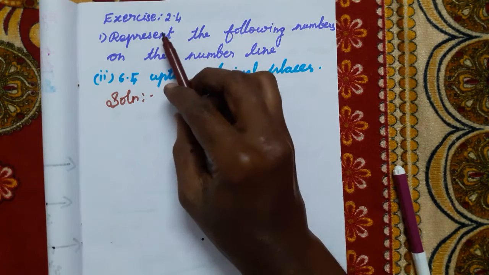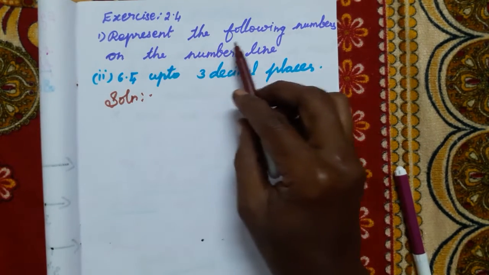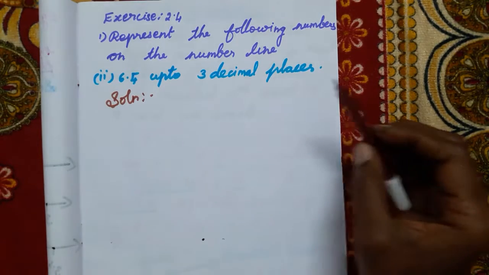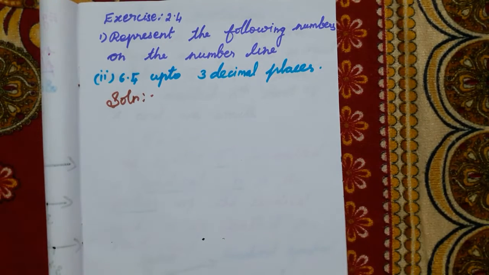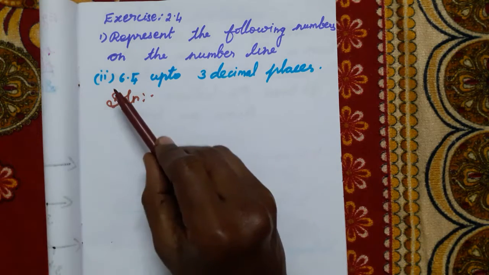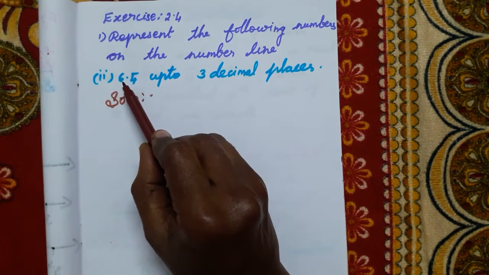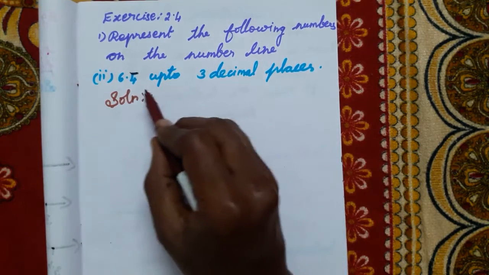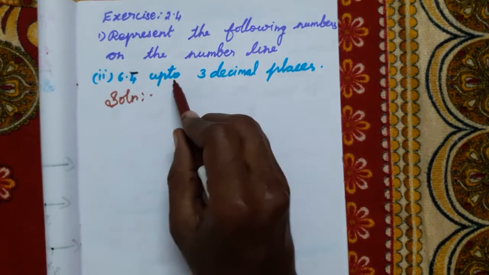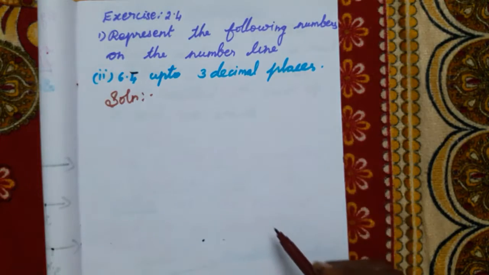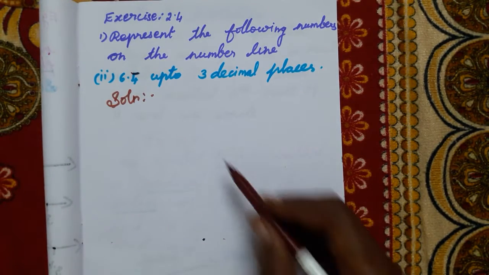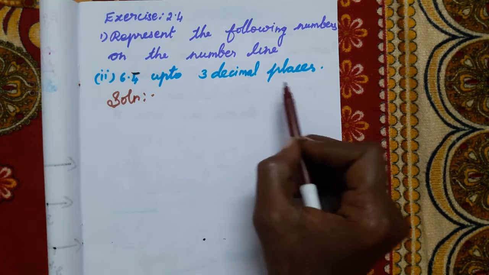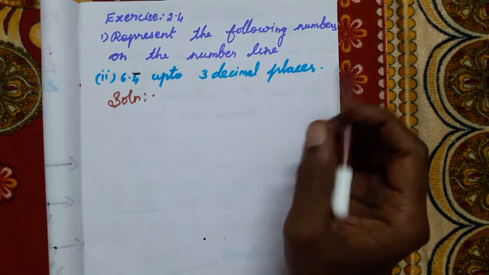Exercise 2.4, first problem. Represent the following numbers on the number line. The first and third problems you have to do as homework. Now I'm going to teach the second problem. Represent 6.4 bar up to 3 places of decimal on the number line. First, 6.4 bar means 6.444, etc. Is it? Here we have to write it correct to 3 places of decimal.